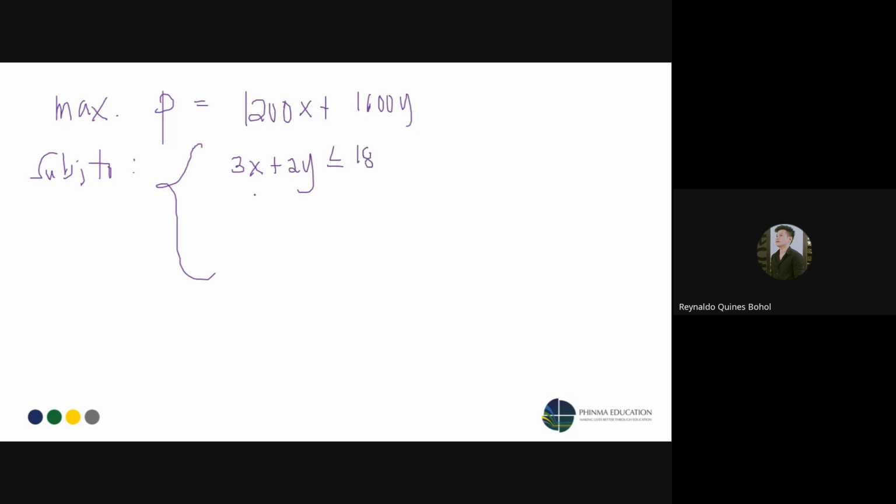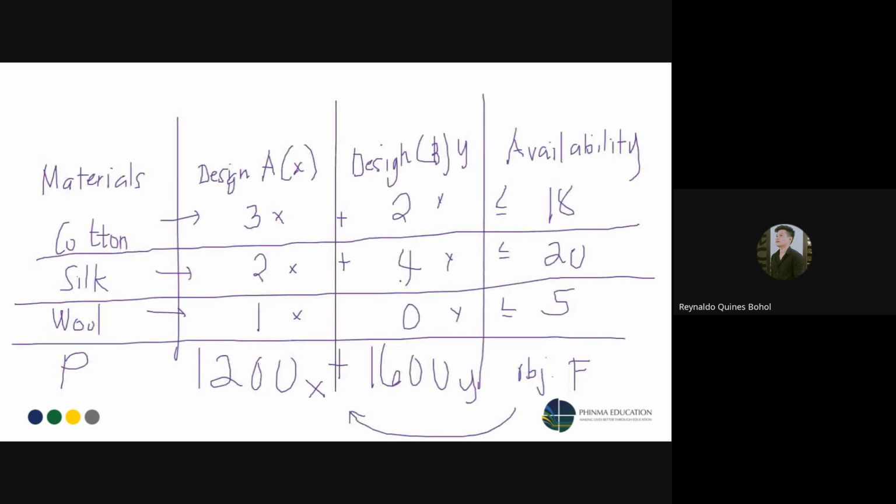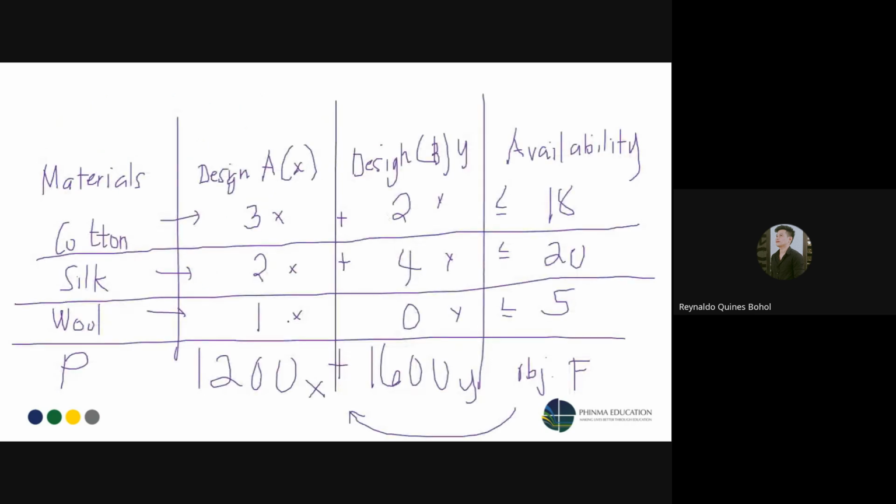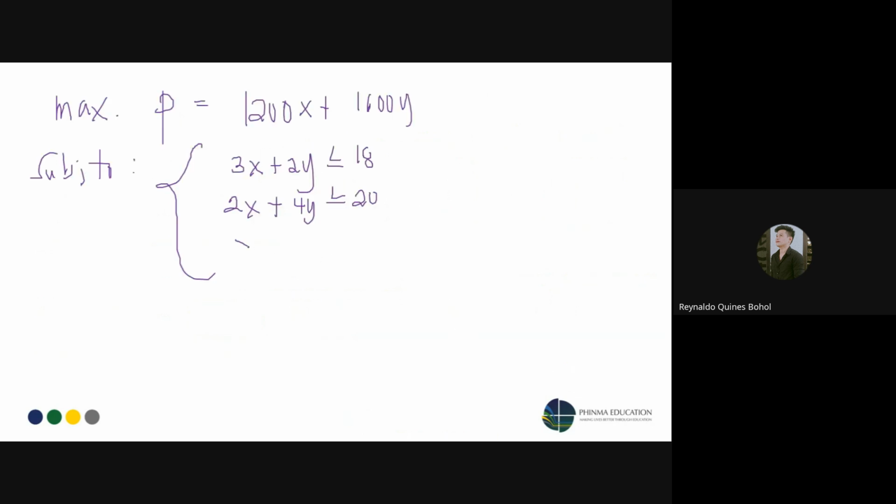Palaging plus yan ha. Next naman is yung 2x plus 4y less than or equal to 20. Yung isa naman is x na lang siya, wala siyang y. So x is less than or equal to 5. So this is the explicit.